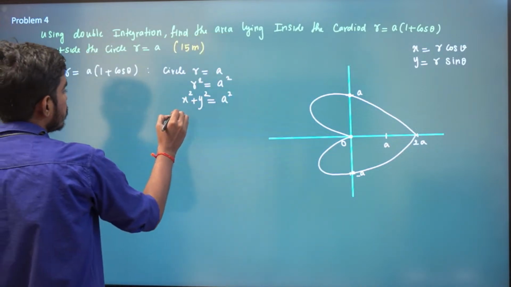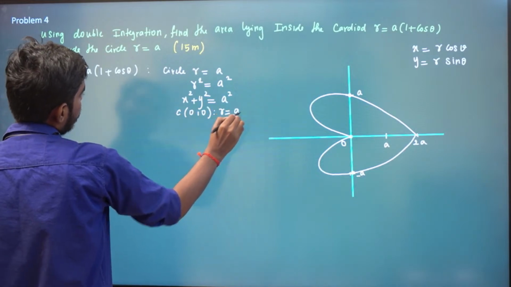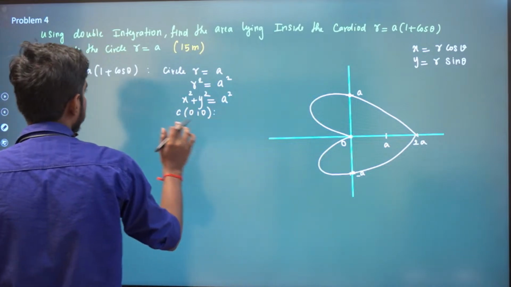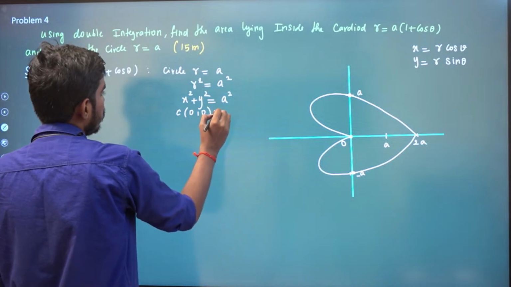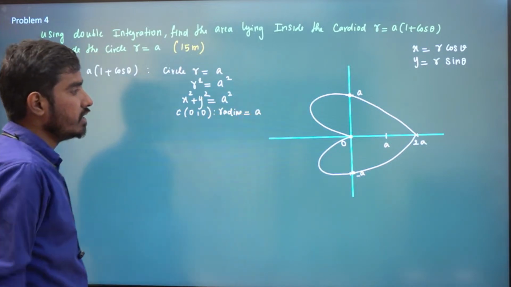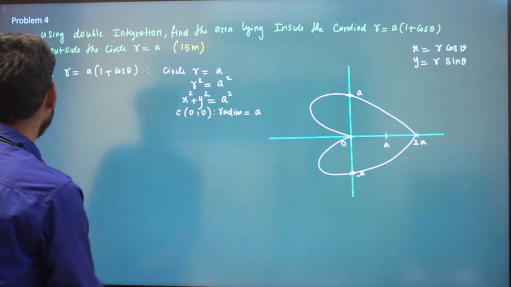So we can see this is a circle with center 0 comma 0 and the radius is a, right? So r is equal to a is nothing but a circle with center 0 comma 0 and radius a. So just draw that circle also.